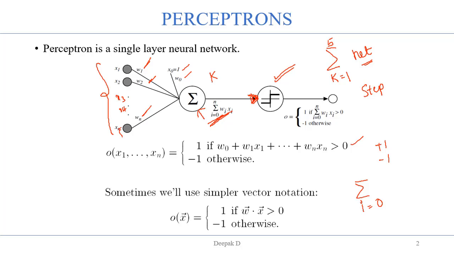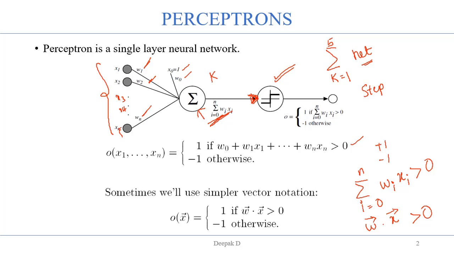For i equals 0 till n, that entire term is written as wi xi, which is greater than 0. In general, in vector form, we can also write it as vector of weights multiplied with vector of inputs should be greater than 0. This is how we write the notations with respect to the perceptron.